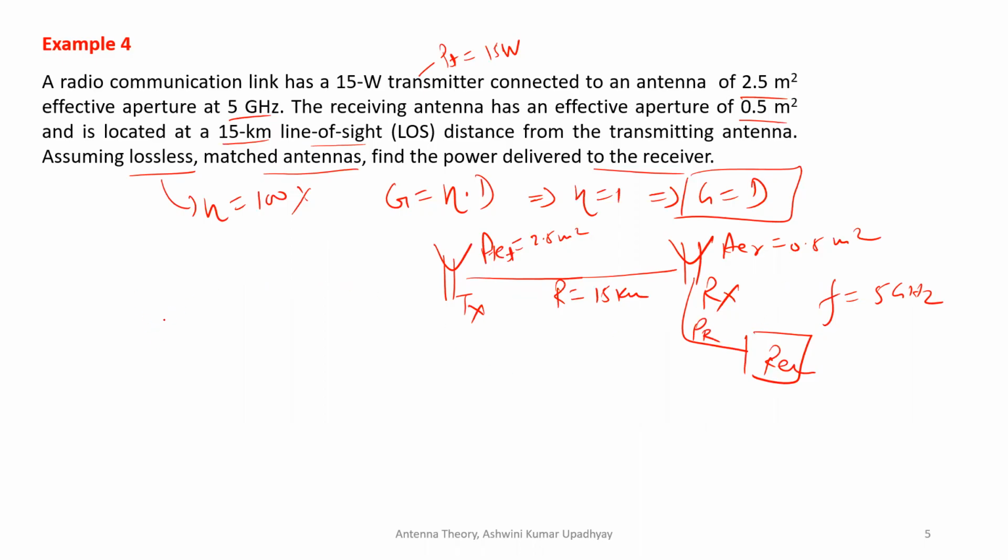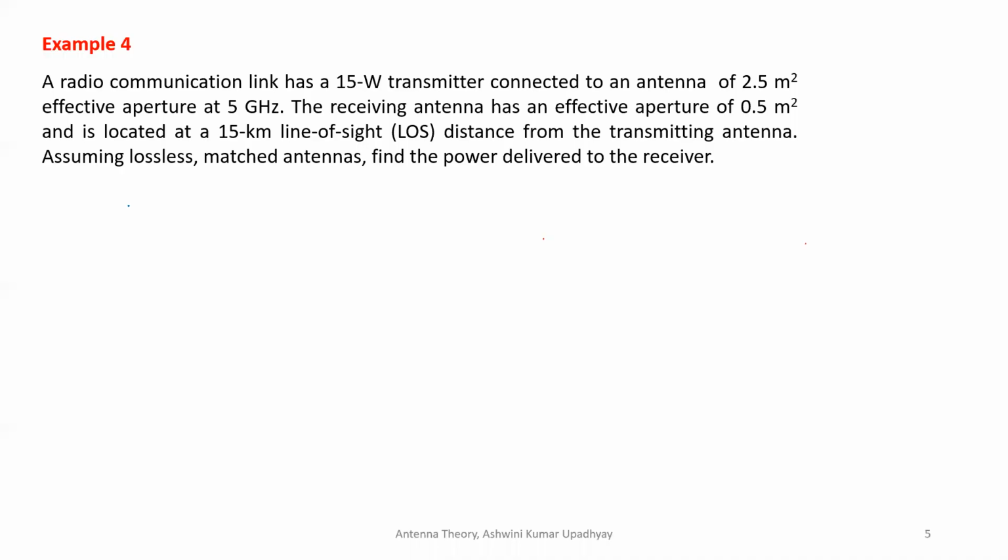So let us remember the formula which we studied, which is called the Friis formula. So received power PR is given as transmitted power PT divided by 4 pi R square, multiplied by transmitter gain into receiver gain into lambda square upon 4 pi.